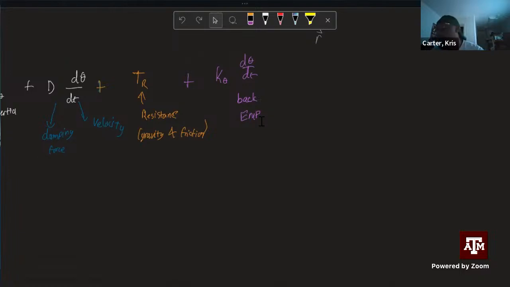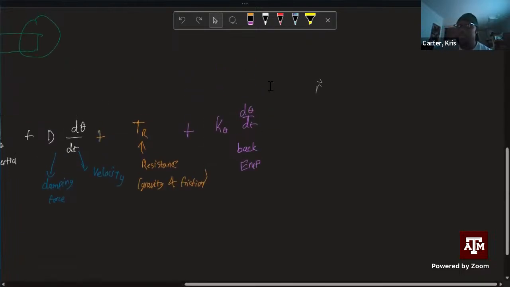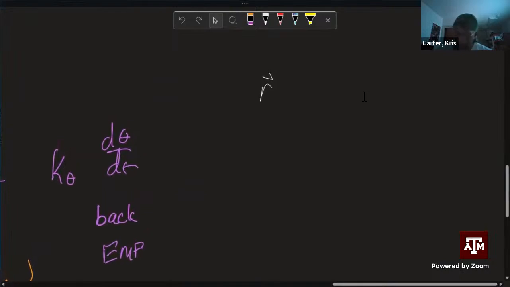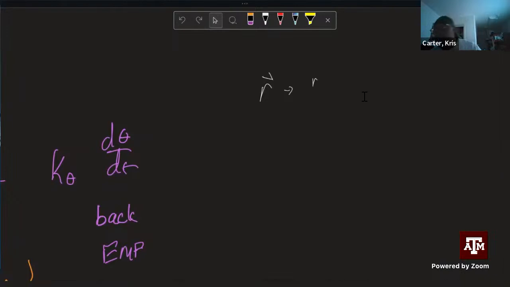Well, R being a vector really means that it's R times theta effectively. So if you take the derivative of position, so this is position, you take d dt with respect to time, you get dr dt.